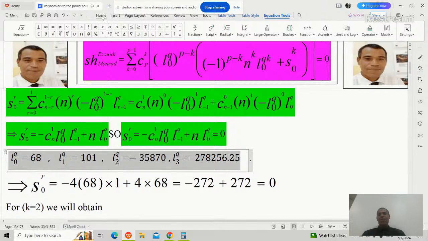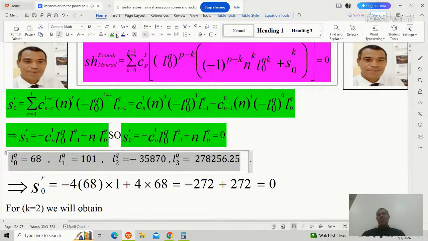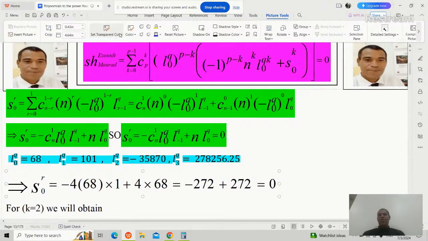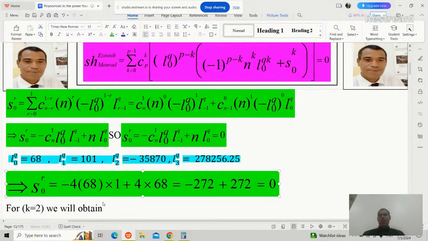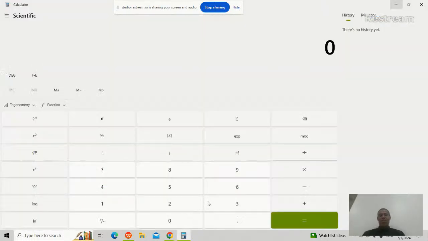Okay, now I'm going to calculate if it is possible. Therefore, this S0 of order r is equal to, we told, negative 4 times 68 multiplied by 1 plus 4 times 68. It's clear that it is negative 272 plus 272, equal what, learners? Equal 0.